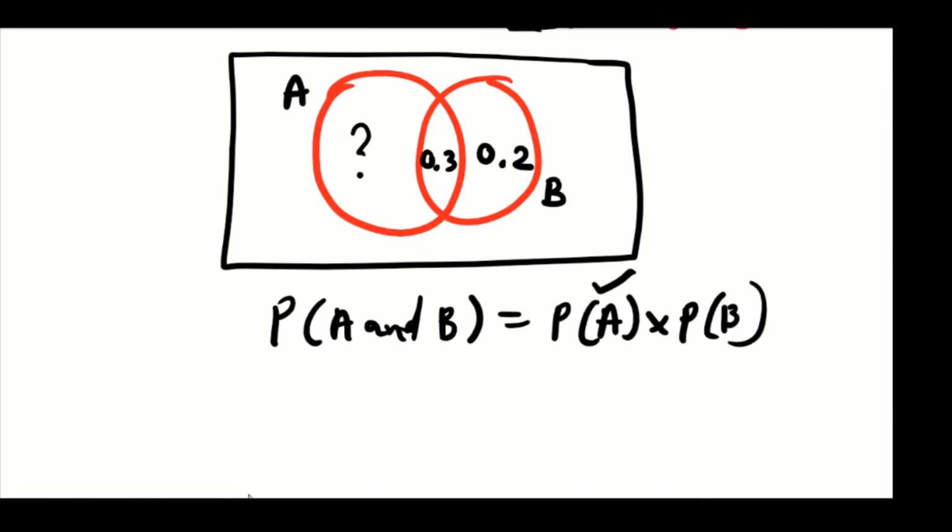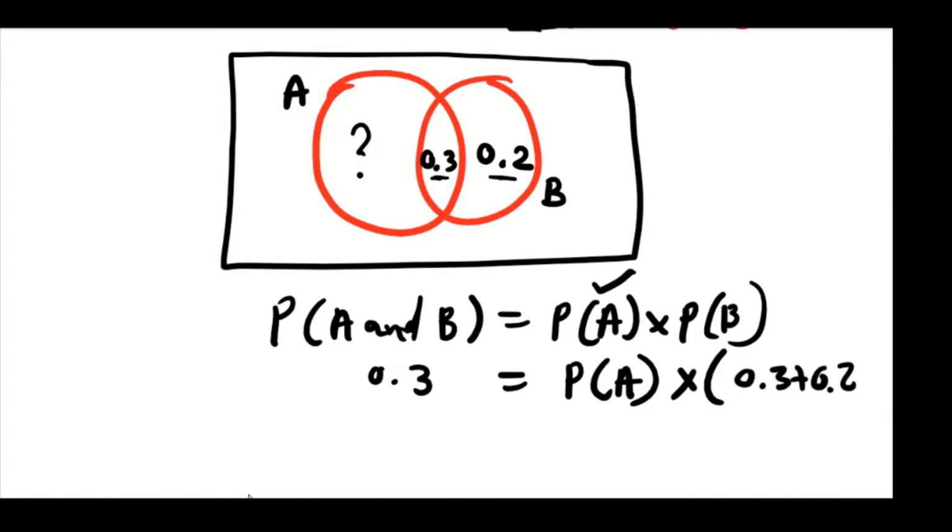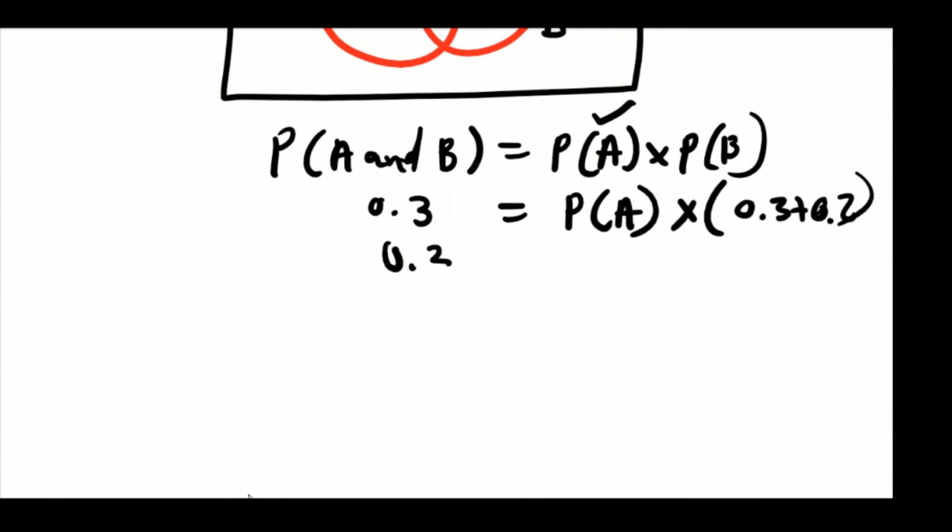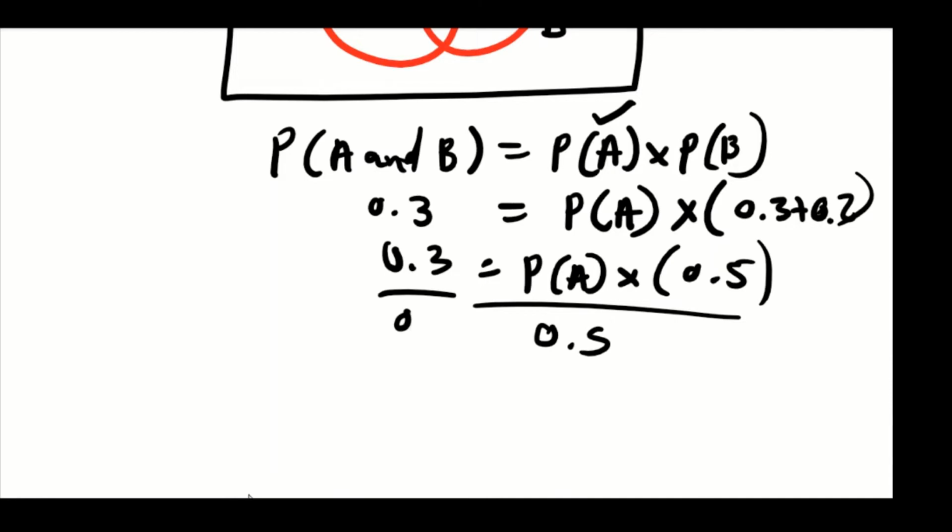Probability of A and B is 0.3, which is equal to probability of A, which is what we're looking for, multiplied by the probability of B, which is going to be 0.3 plus 0.2. So we have 0.3 equals the probability of A multiplied by 0.5, right? Divide by 0.5 both sides.